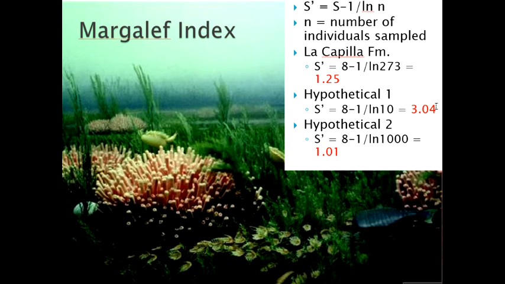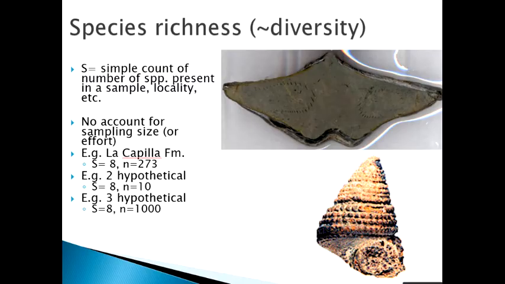Again, it's making you think that if I went ahead and collected the same number of individuals as in these other two samples here, I would get more. So you see right away here, this allows you to distinguish these things that we before just listed as 8, 8, 8.